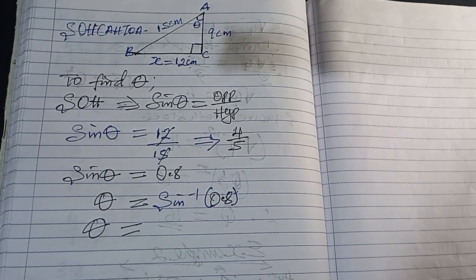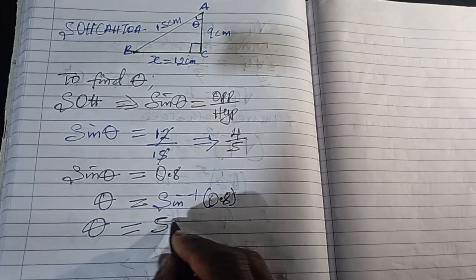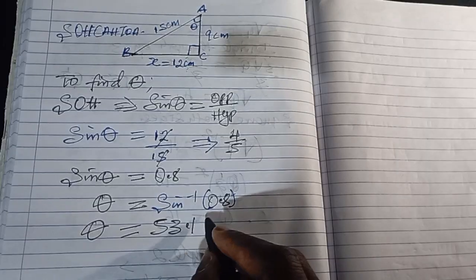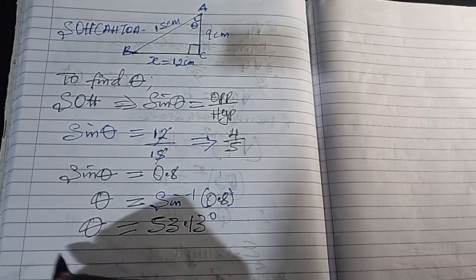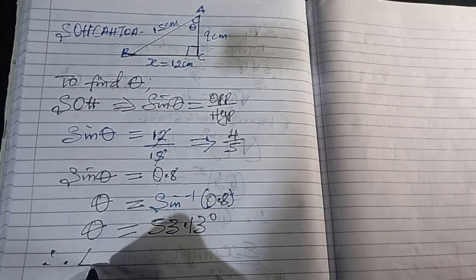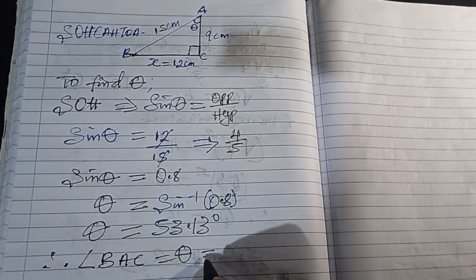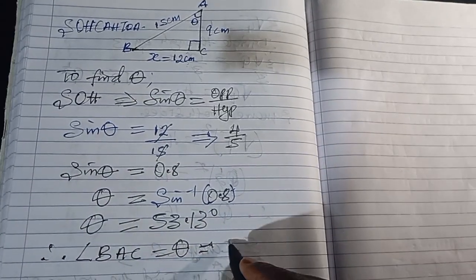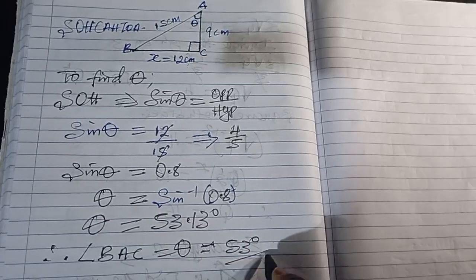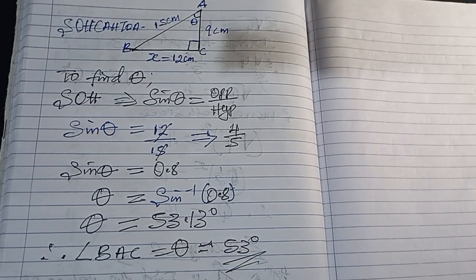Sine inverse of 0.8 will give us 53.13 degrees. Approximately, I can say therefore, angle BAC, which is this theta, is approximately 53 degrees. That is to the nearest degree, okay?